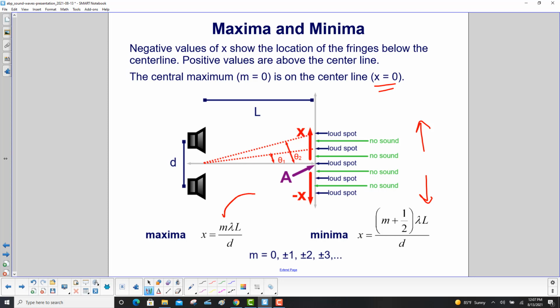Because if you put m equal to 0 here, you get x equal to 0. Your first spot with no sound would be x is equal to 0 plus a half lambda L over d, or 1/2 lambda L over d, and that gives you your first no sound spot. And the greater you have m, the greater order you have of the fringe, the farther away from the center line you move.